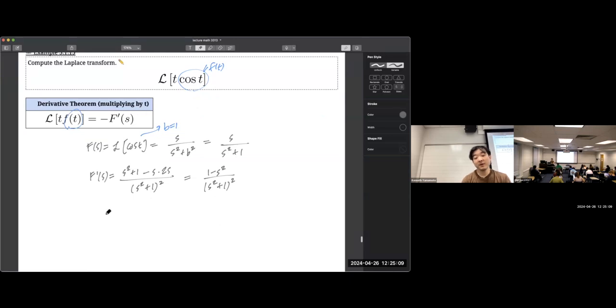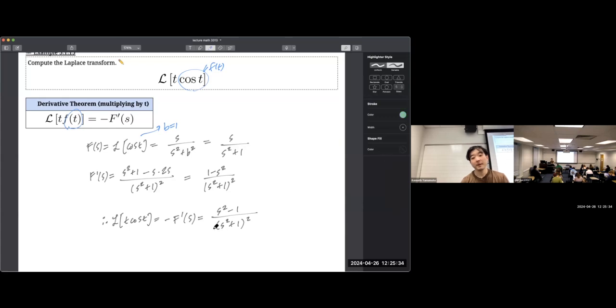So from the derivative theorem, the identity says that the Laplace transform of t cosine of t is going to be just the negative of this. So we just compute F prime of s and take the negative of it. I'm just going to flip the 1 minus s squared to s squared minus 1 to apply the negative.